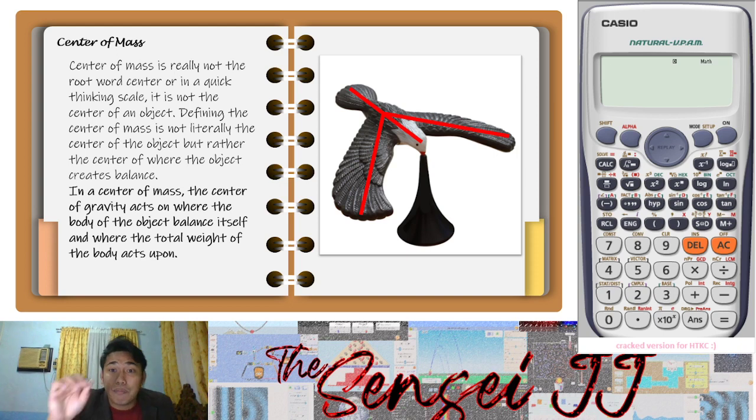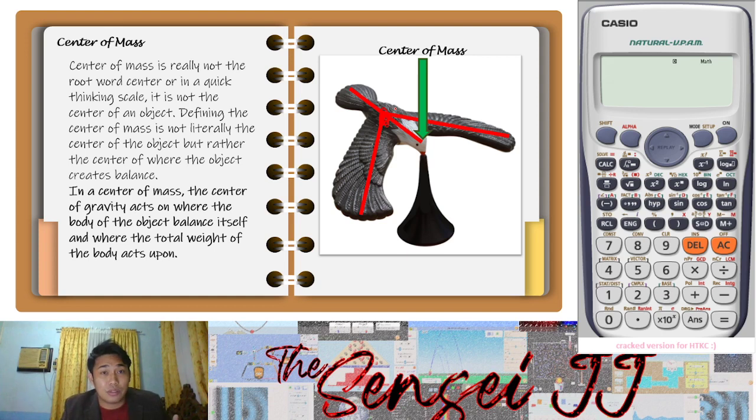As you can see, they meet at this point, and this is considered to be the center of the body of the bird, of the eagle. But still, the center of mass acts on the beak or the head of the eagle, and that is our center of mass. It balances itself. So that is essentially what the center of mass is about: balancing the object even though it is not on the center of the body.